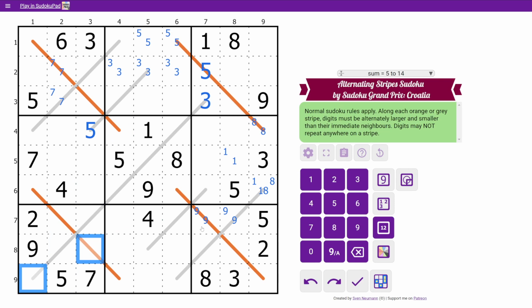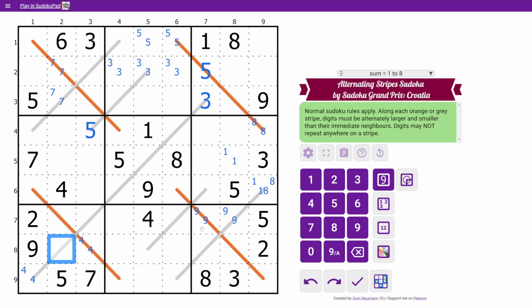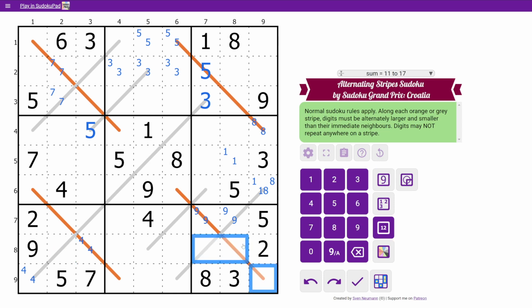Four is only got 2 options there. It's got 3 options there.